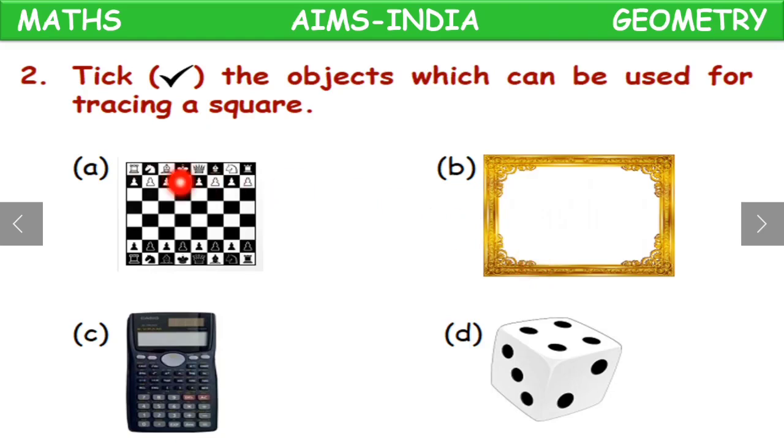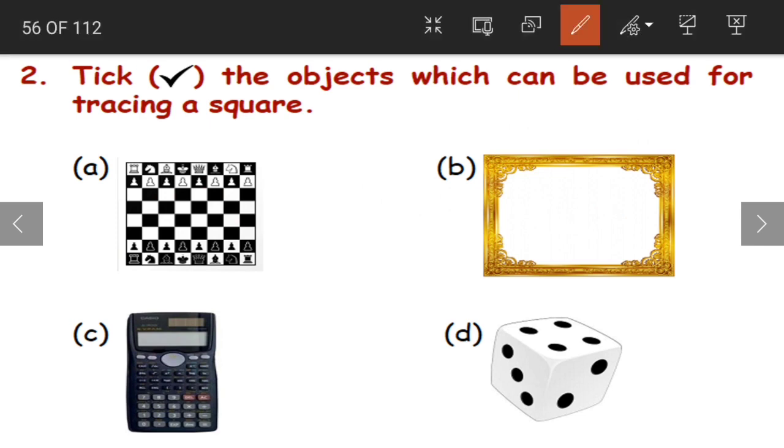Now coming to the next, tick the objects which can be used for tracing a square. So what should we do? From these four objects, we have to find out the ones that can be used for tracing a square. That means with the help of which objects can we draw a square. Sometimes we do that, right?